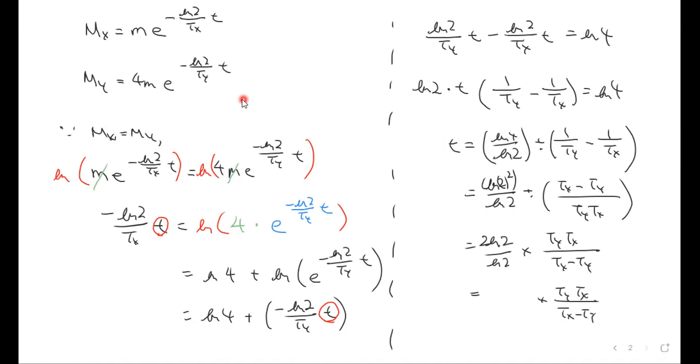And given that it's 2 log 2, you can see that the log 2's cancel out. And that gives you 2, giving you an answer of 2TxTy over Tx minus Ty.